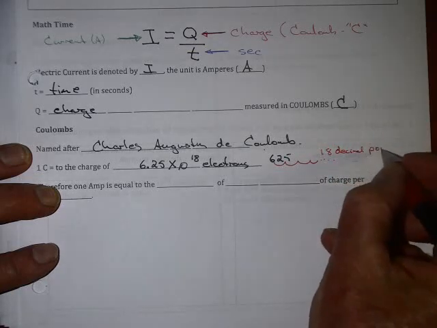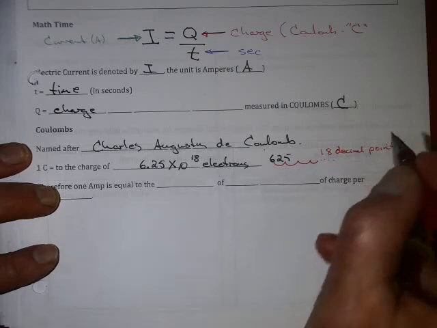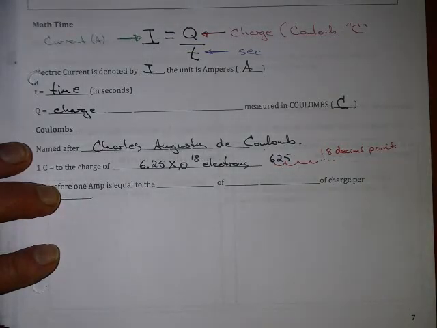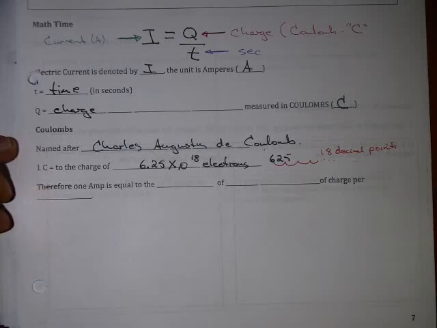So this is a very large number. I don't even think we've got a word for this. It'd be something like a pico or an atto something. I don't remember the prefixes.